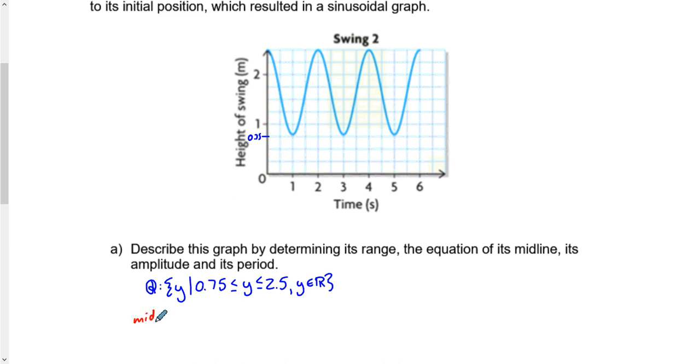Midline. Well, what would split this in half? If you don't want to calculate exactly what half it is, we can measure it. We have 1, 2, 3, 4, 5, 6, 7 squares, so we'd have to have 3.5.